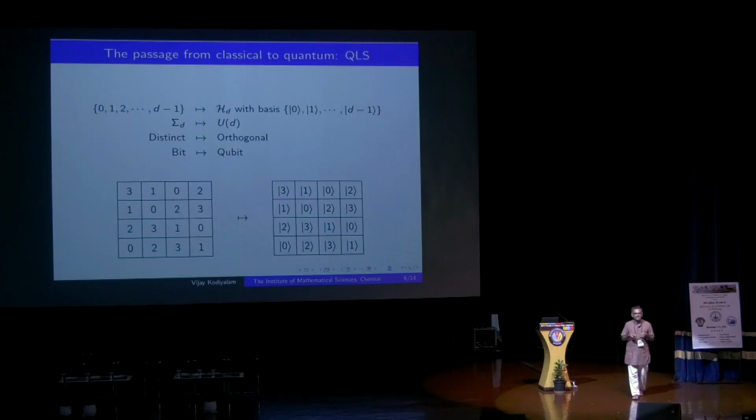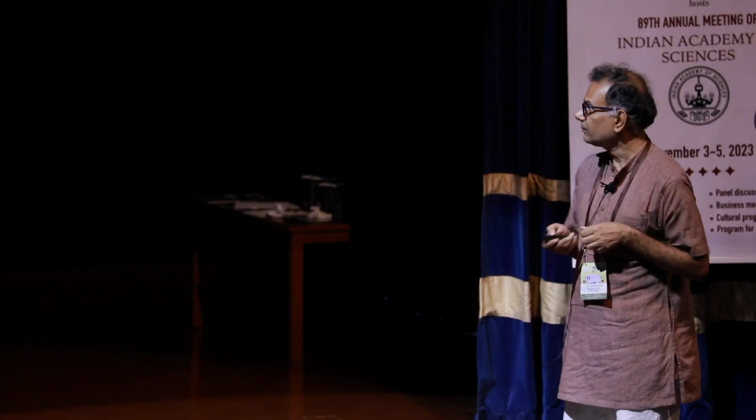So we want to replace this set by a Hilbert space or an inner product space of dimension D, or rather just a set of unit vectors in that space, but let's not get technical. So we want to replace this set by a vector space with a basis of D elements, and the set of symmetries of this set forms the symmetric group sigma D, and this naturally will get replaced by the symmetries of an inner product space of dimension D, which is the unitary group of D by D matrices which are unitary.